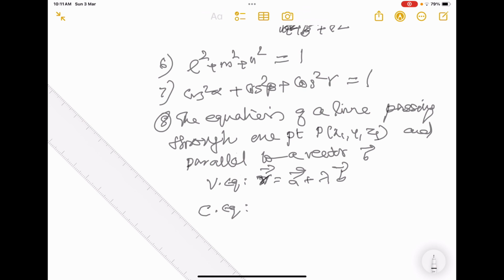x minus x1 by a equal to y minus y1 by b equal to z minus z1 by c, where (x1, y1, z1) is the given point.